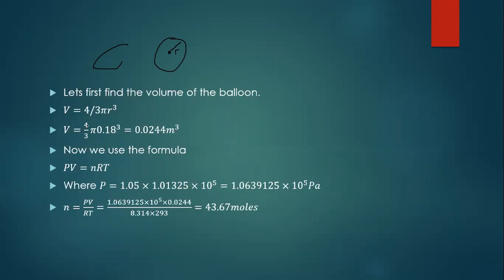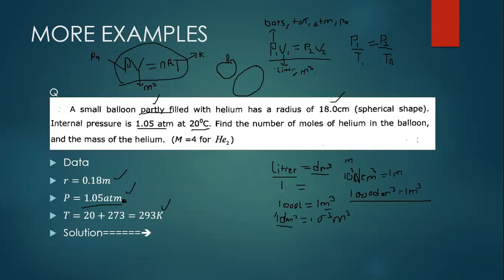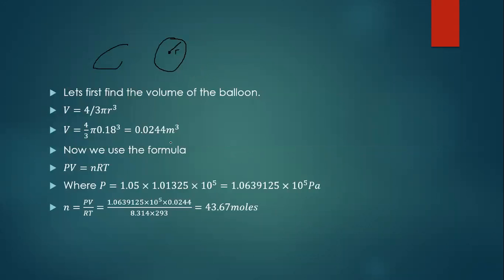Since they gave us a spherical shape, it's a sphere, and the volume of a sphere is 4/3 pi r cubed. As a university student, you need to know the volume of a cube, almost any shape, a sphere and whatnot. So 4/3 pi r cubed, volume of the sphere. And when we compute the volume, we find this answer.